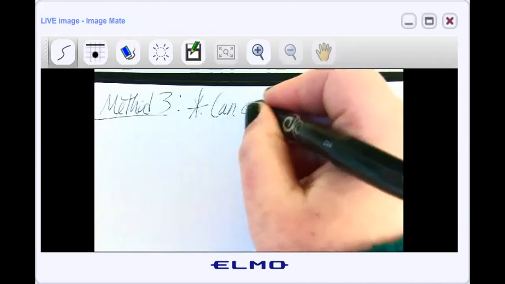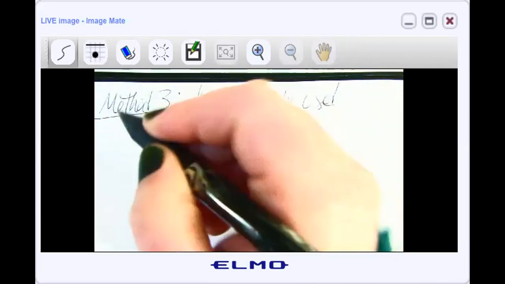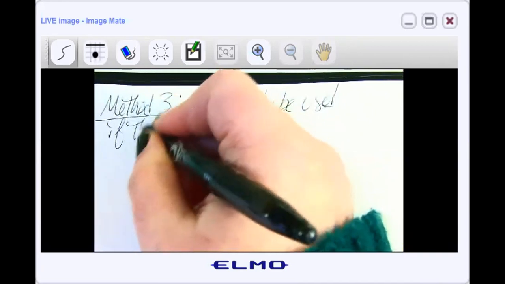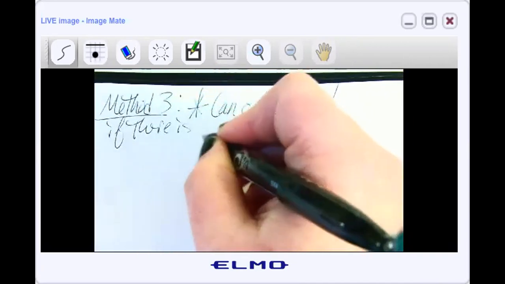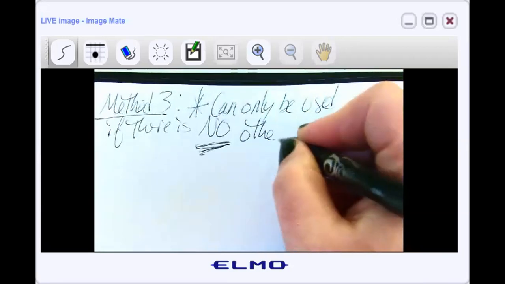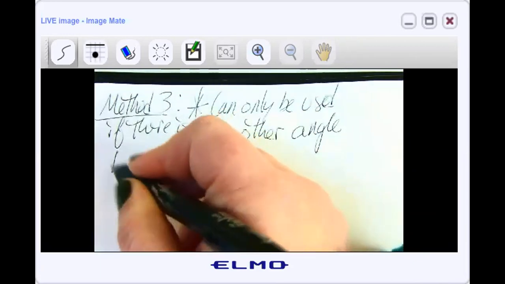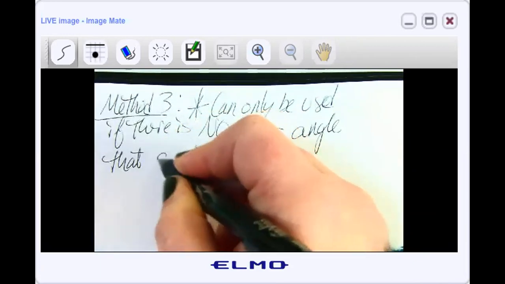It can only be used if there is no other angle that shares the same vertex.